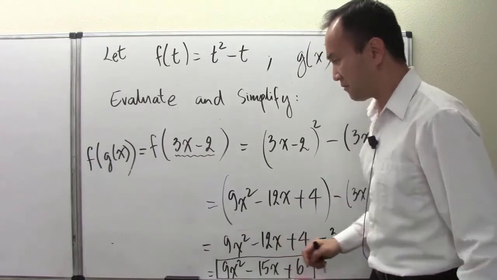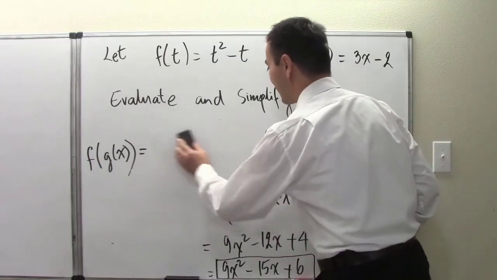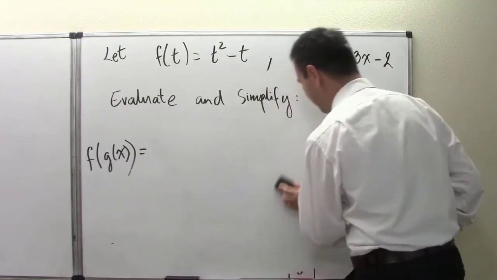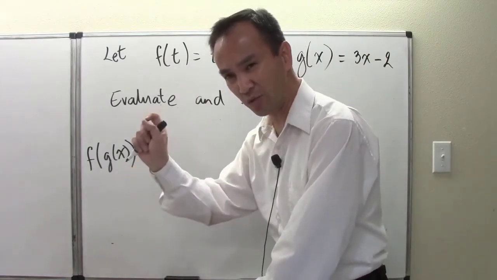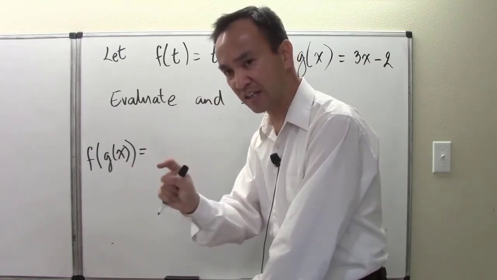Okay, now alternatively, I can do the following. Logically, f of g of x, just like that understanding we had when we were doing those problems where we evaluated a function at a given expression.